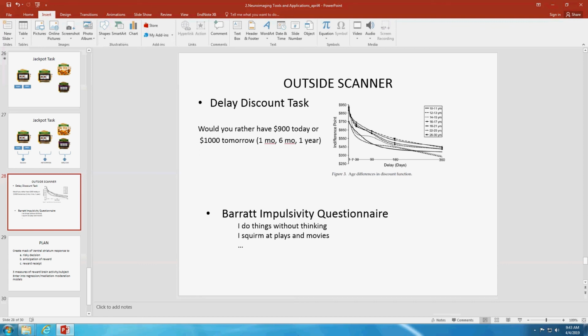A task, like the gambling jackpot task, will take 20 or 30 minutes inside the scanner, and you can maybe do 2, maybe 3 tasks at most. So you do have to think a lot about what task you want to use inside the scanner and what you're going to be able to probe and get out of it in relation to your wider study.